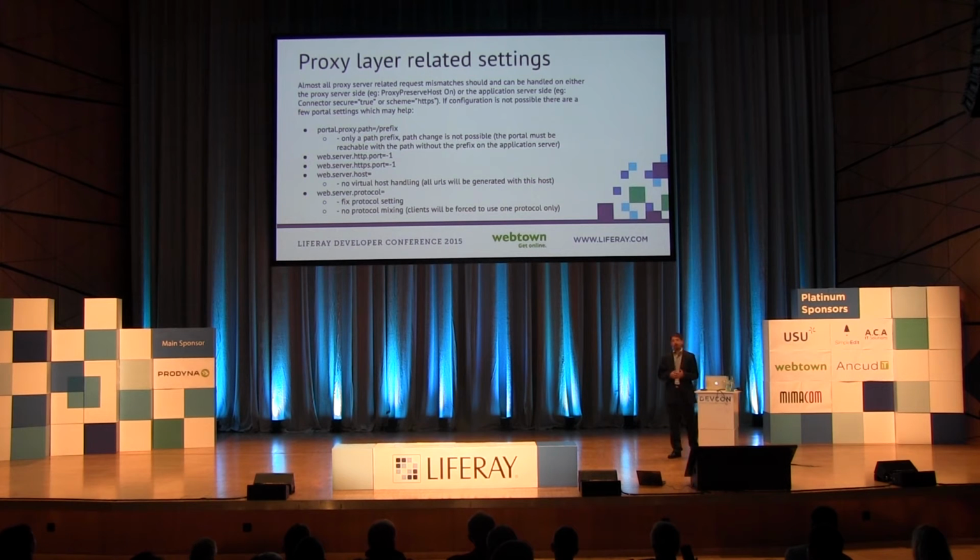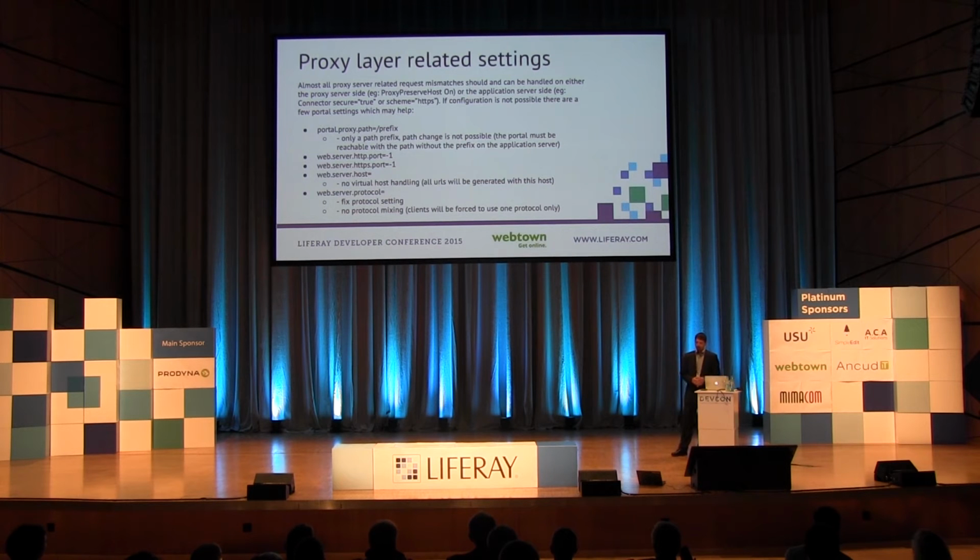When the portal is reached through HTTP, of course, the portal will think that the client uses HTTP, so it will generate URLs through HTTP. So after the first request, you already lost a secure connection because every other URL will be generated through HTTP.